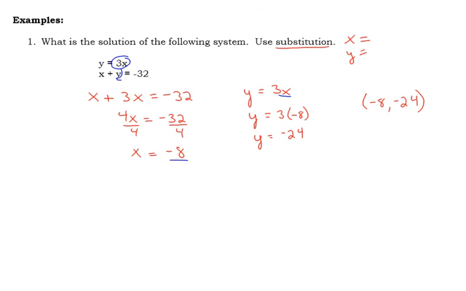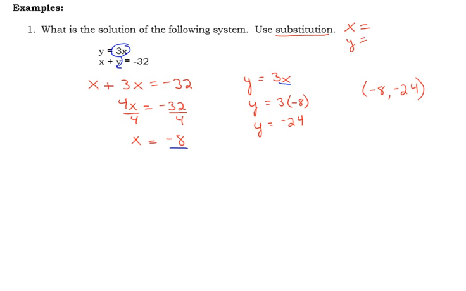Now we're going to check to make sure negative 8, negative 24 works. And remember, when you check, you have to check the x and the y in both equations. So we're going to check the ordered pair negative 8, negative 24 in the first equation, y equals 3x. The y value we found was negative 24.